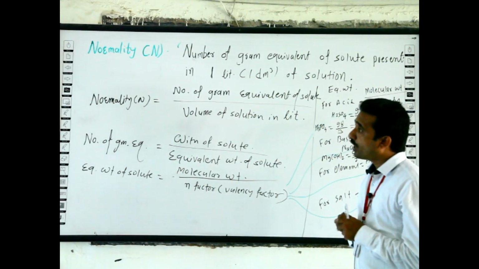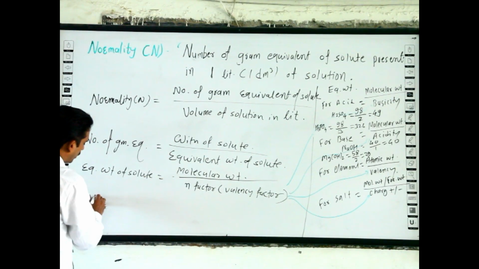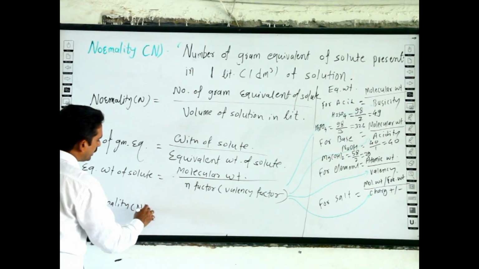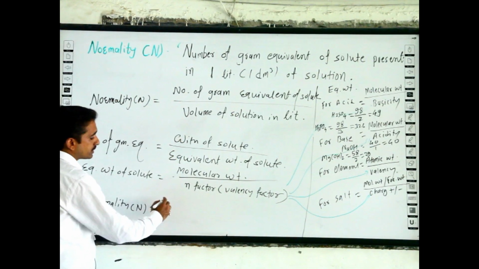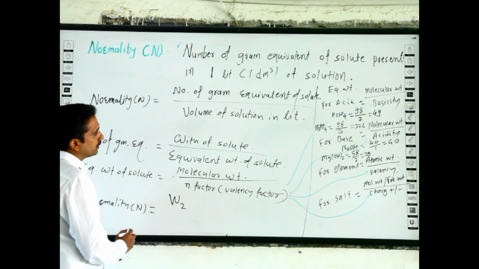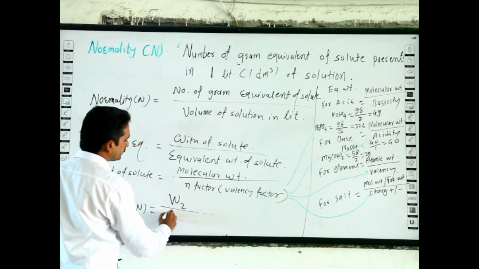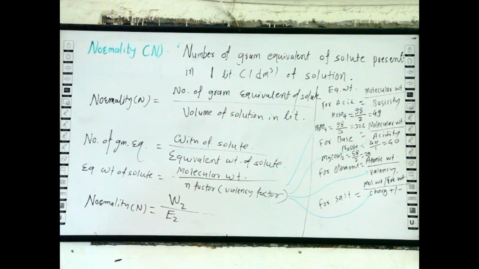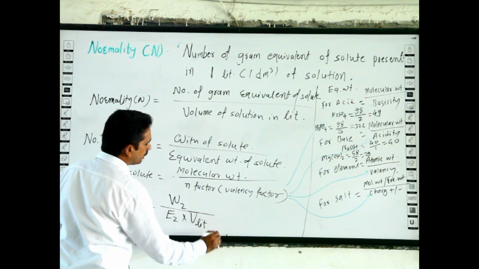So here the formula of normality is: normality N is equal to weight of solute, that is W2, divided by equivalent weight, this one is E2, into volume in liter.